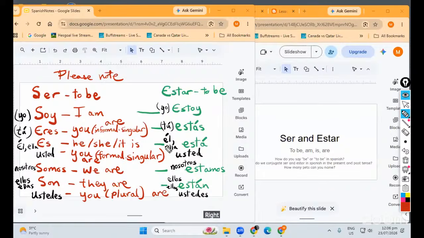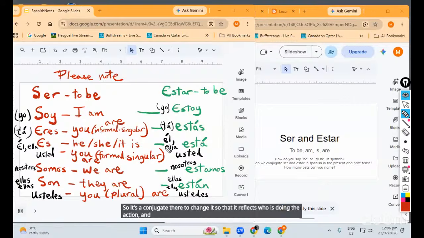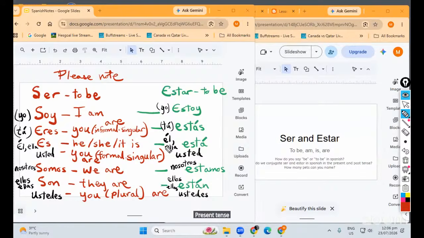So to conjugate ser, to change it so that it reflects who is doing the action and reflects for us the present tense. For I am, we say soy, or we could say yo soy. For you are, we could say eres, or tú eres.